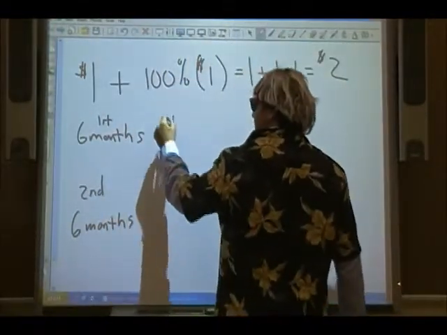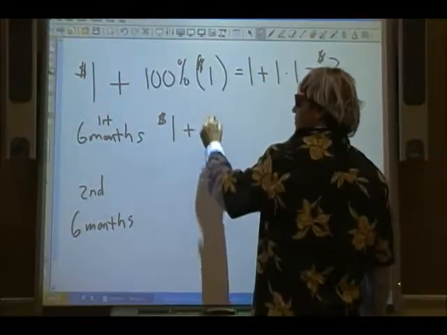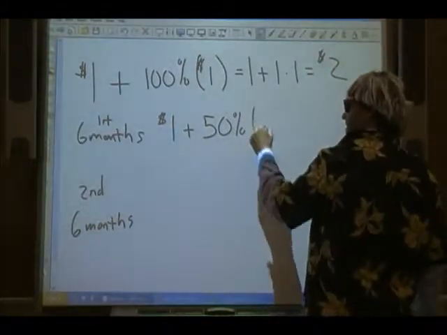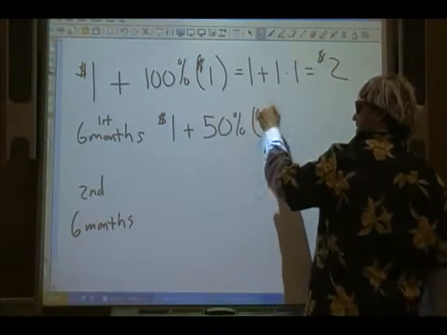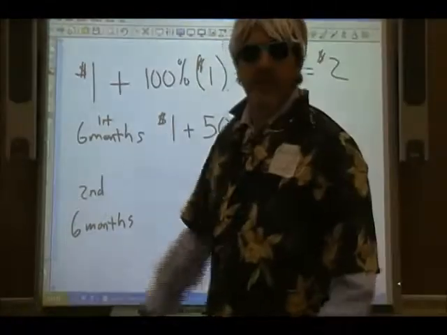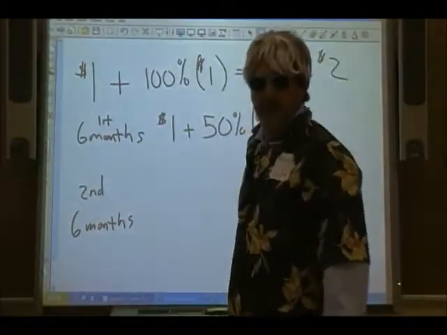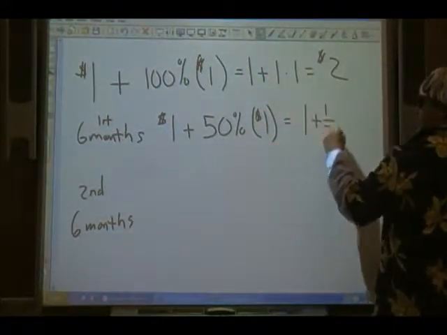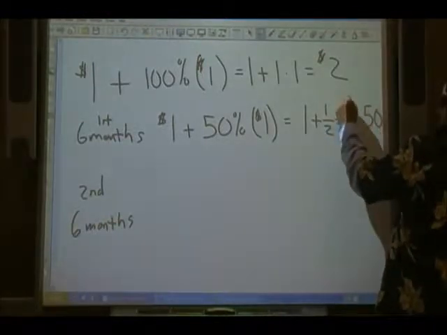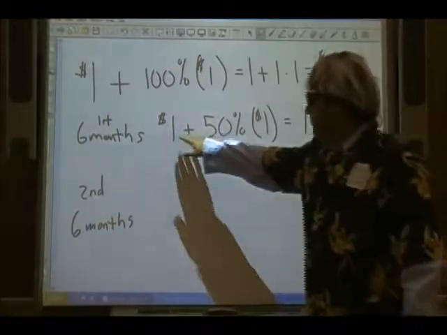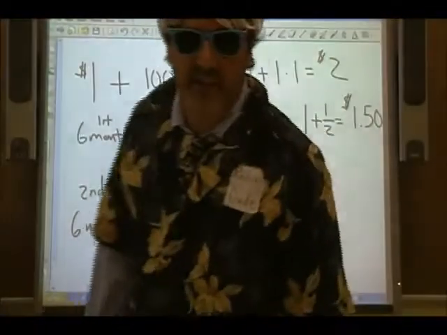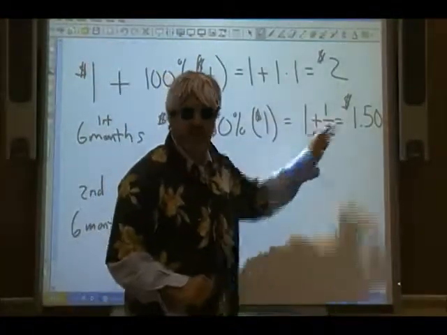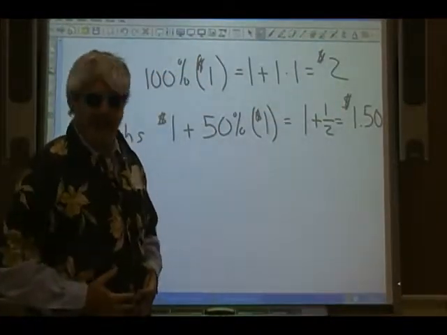Well, you start with your dollar, and this time we're going to do 50% of your dollar. Well, 50% of your dollar is 50 cents. So you're left with 1 1/2, which is the same thing as $1.50. Now this is compounded. That means we're going to take this new money and do it again for the next 6 months.